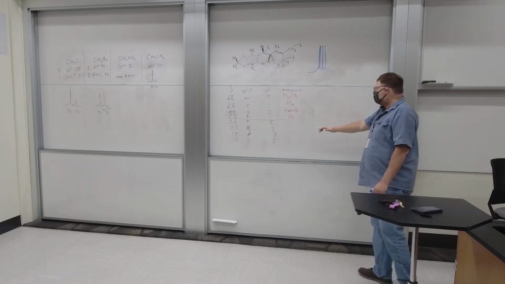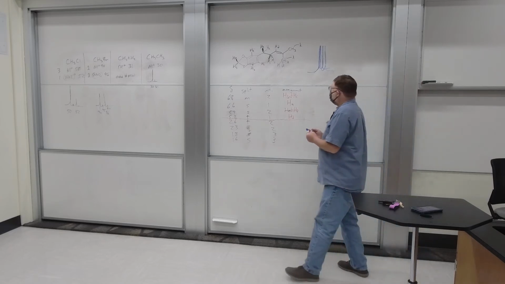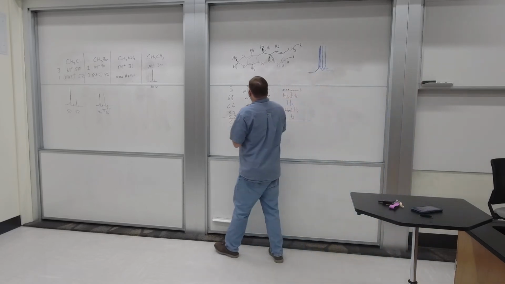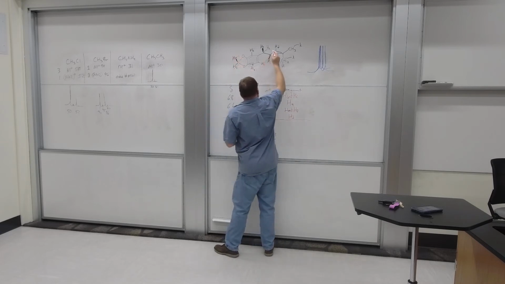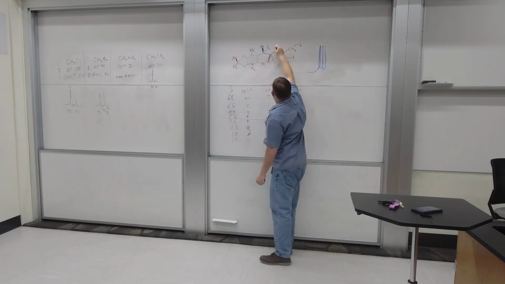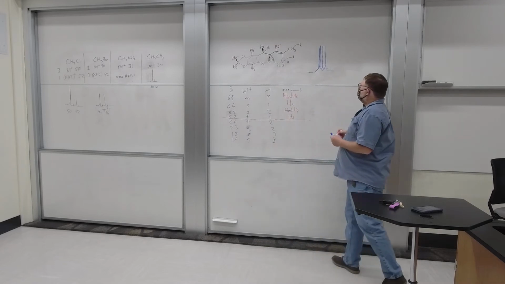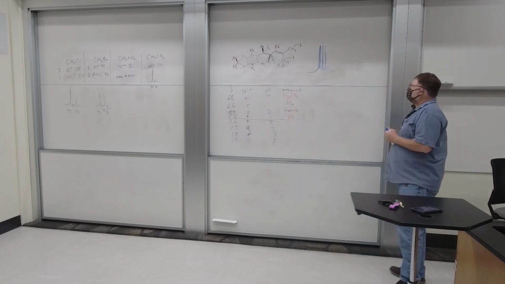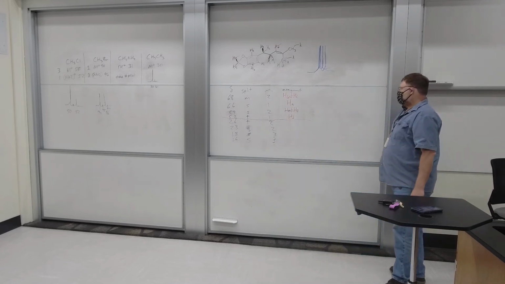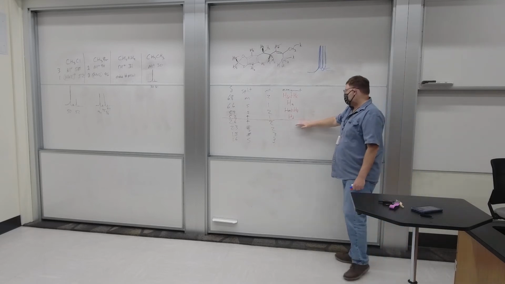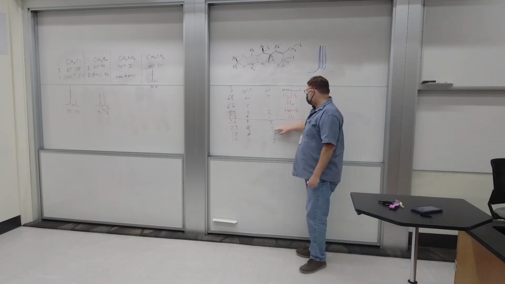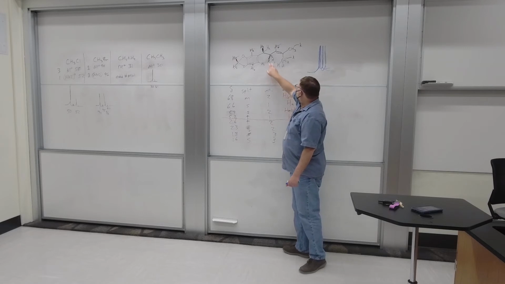So as we shift down now, let me mark off what we've done. We've got E and F. We've got D. So now we have G, H, I, J, L, K. 2.6 is a triplet for 2. 2.3 is a quartet for 2. That's going to be these.